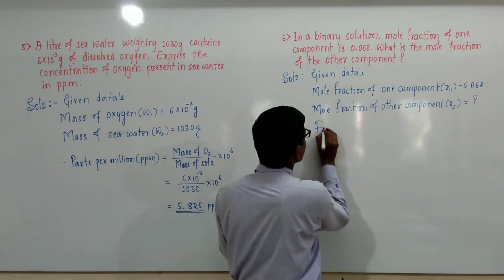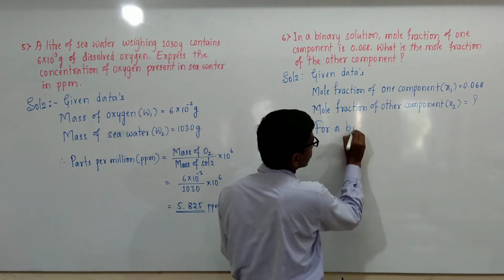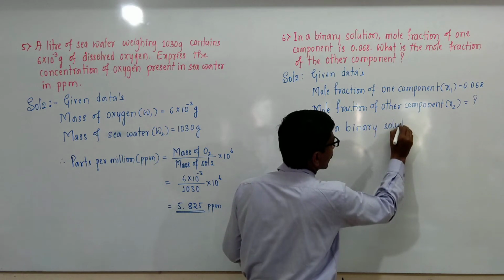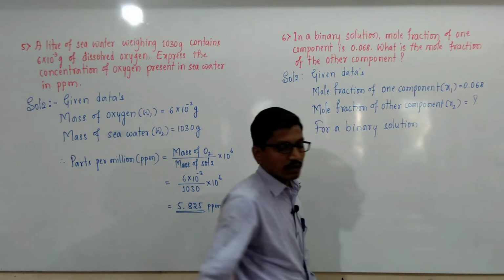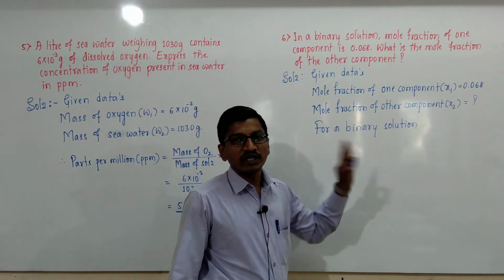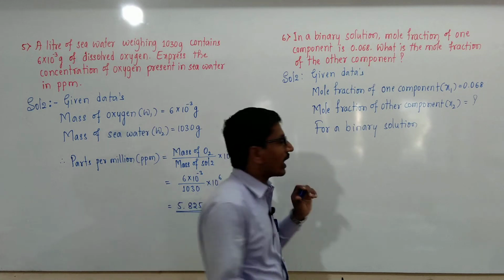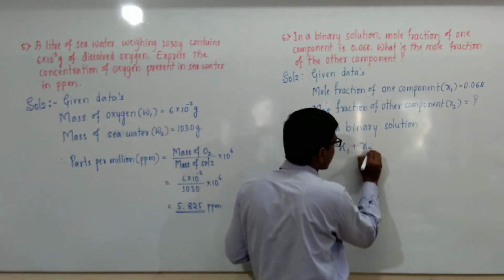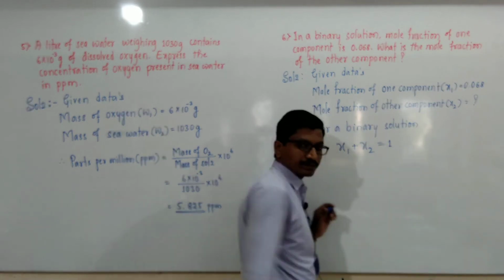For a binary solution, the sum of mole fractions of solute and solvent is always unity, or equal to 1. Therefore, x1 plus x2 is equal to 1.